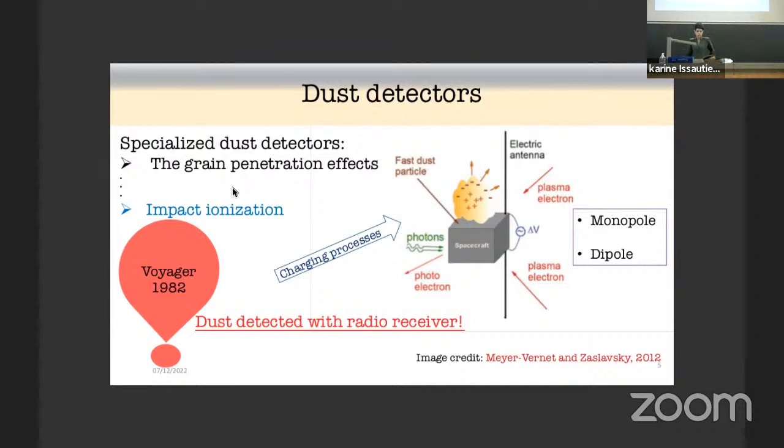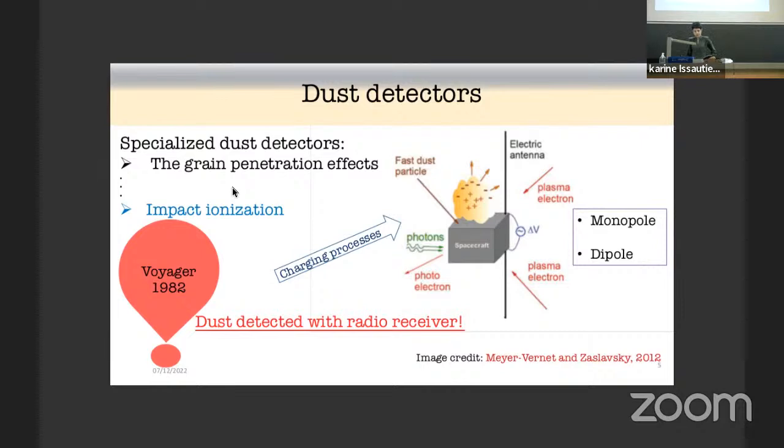Okay, what happened here? If we have a satellite with a radio receiver, the charging processes around this probe can be due to plasma electrons, photoelectrons, and so on. But one of the chargings could be from the dust cloud obtained after the impact of the grain itself.